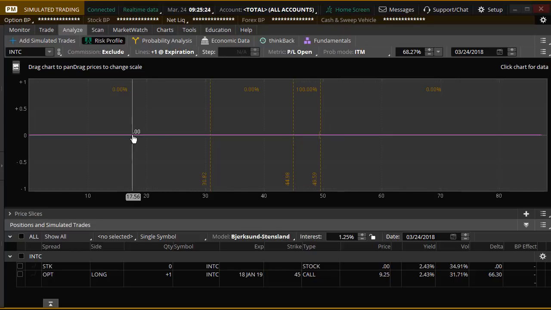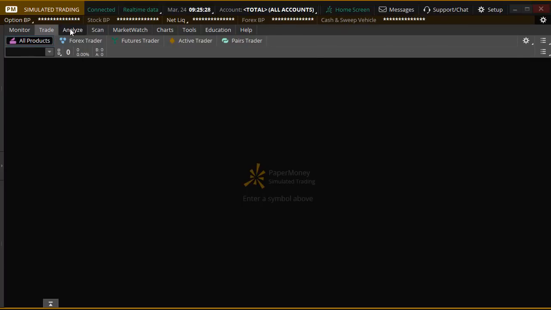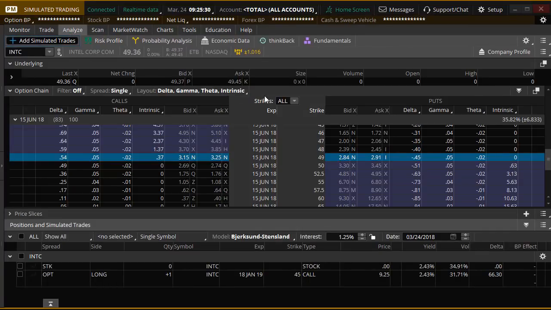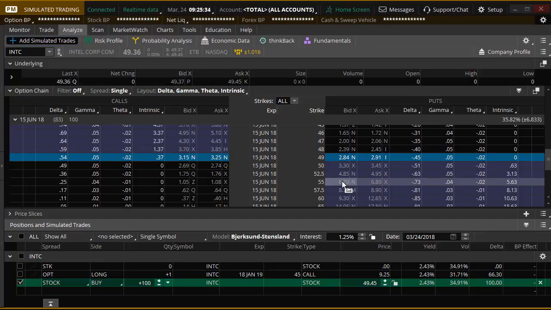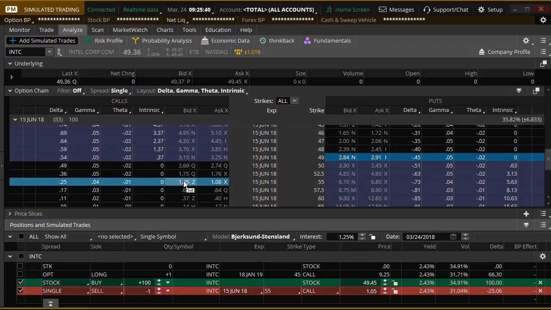Okay, let's take a look. What if we buy the stock, and then let's sell an out of the money call? What's that going to look like? Well, this is a covered call trade, right?